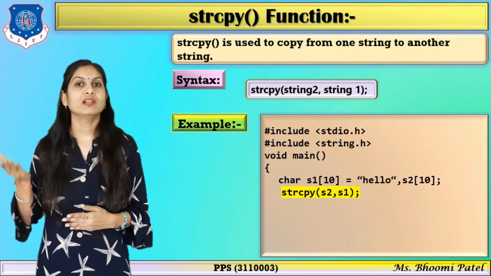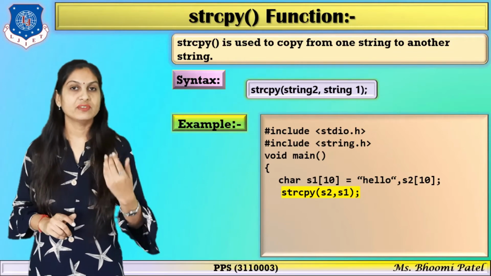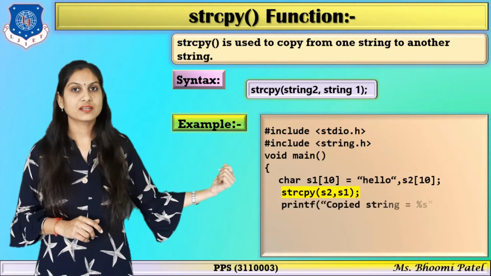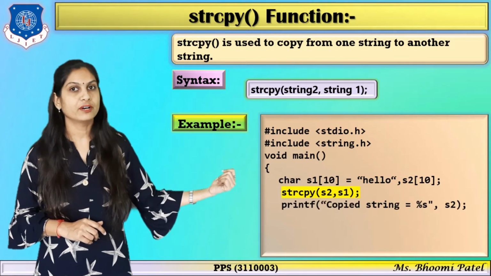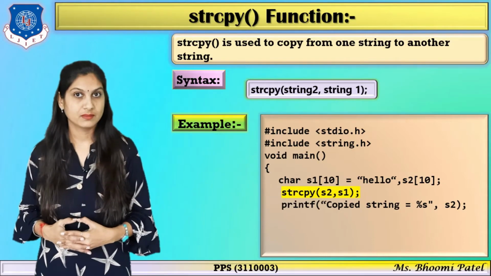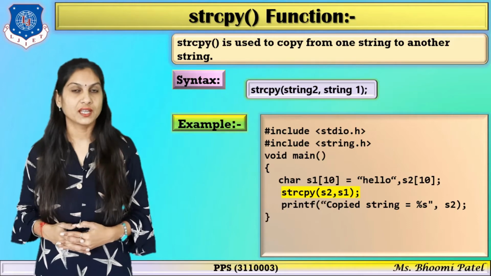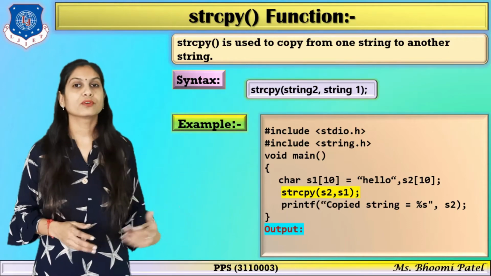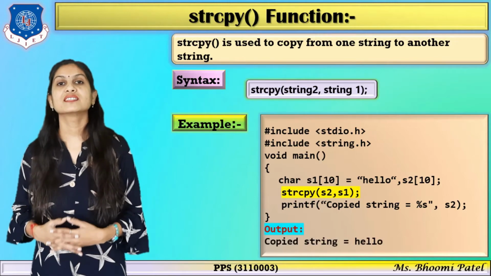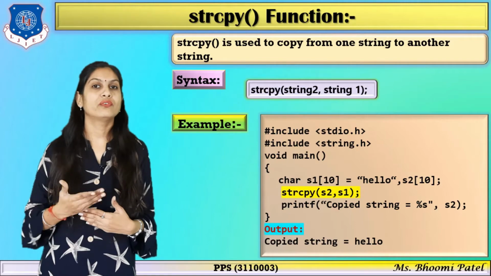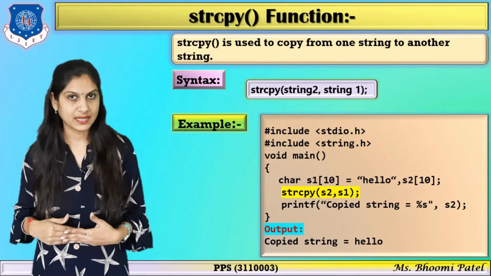So s1 data will be copied into s2 and we get the answer in s2. So print that value using the printf function: copied string = %s, because we have to print the string, and which value do we want? s2. So the output of this program is: copied string = hello. So the first string will be copied into the second string.